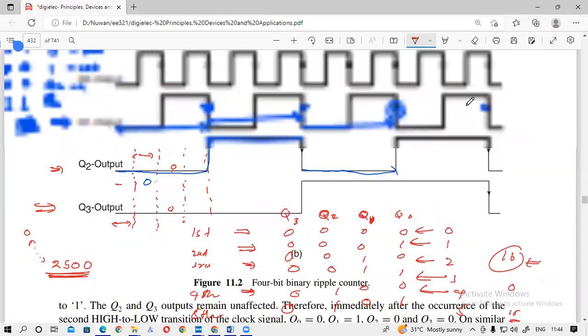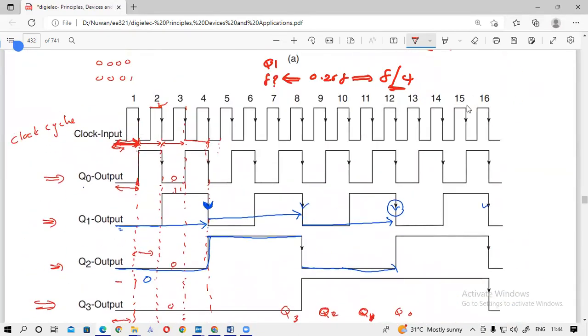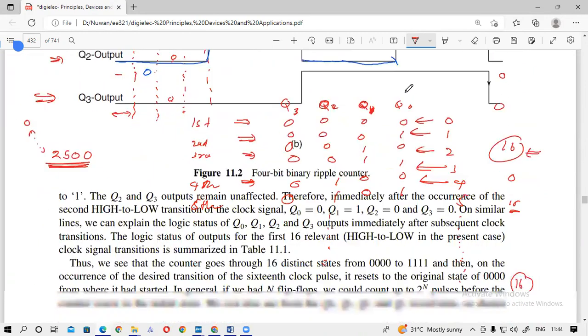After 16 clock cycles, because this has 2 to the power n combinations, that means 16 combinations, again you will have 0 0 0 0, so you will come to the next state. I hope that one is also clear for you. Is that okay?